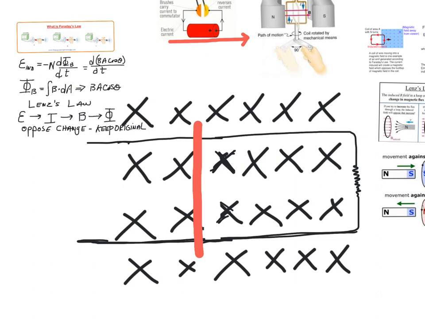So these are conducting rails connected with a wire and resistor, and the red bar can slide back and forth across the rails. I think I can do that. Yep, see. So what happens is I slide this way.